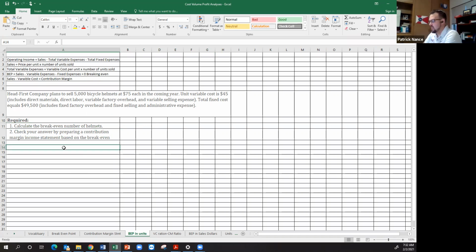So I'm in units. Remember, break-even point equals fixed cost divided by price minus variable cost. These are all per unit: price per unit and variable cost per unit.